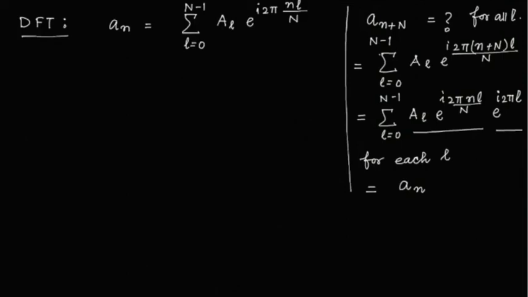So cos of 2 pi x is same as cos of x, and sine of 2 pi x is same as sine of x, if x is integer. Is this fine? So this function a_n has a period of N. Any question here?